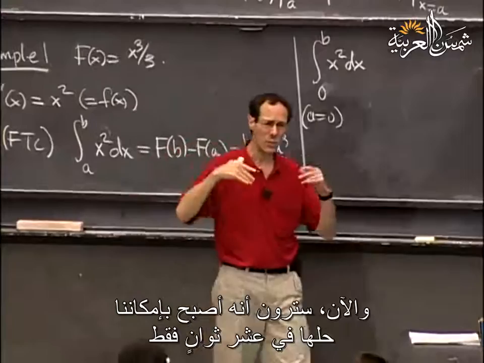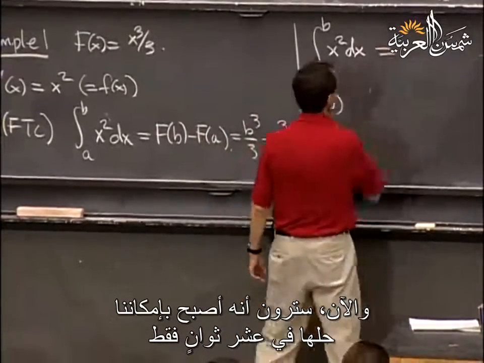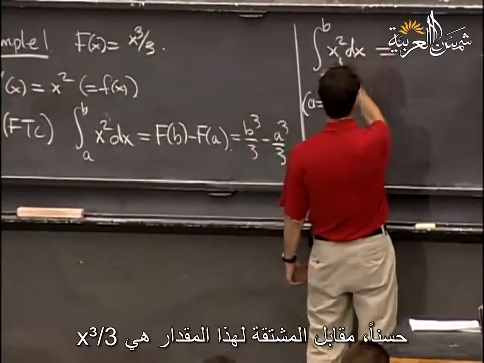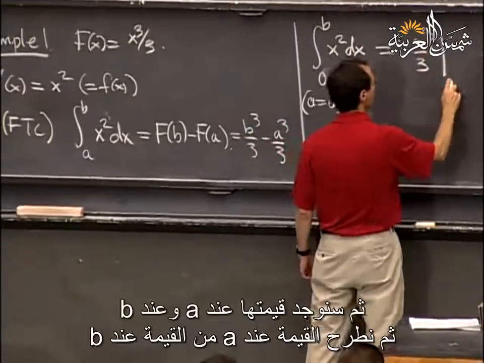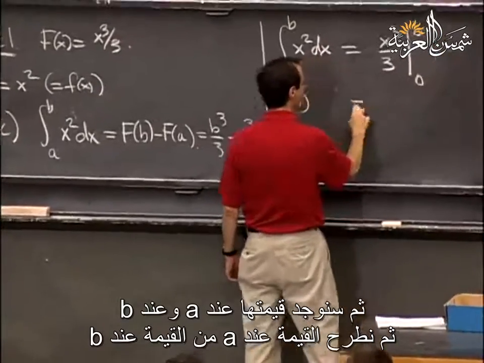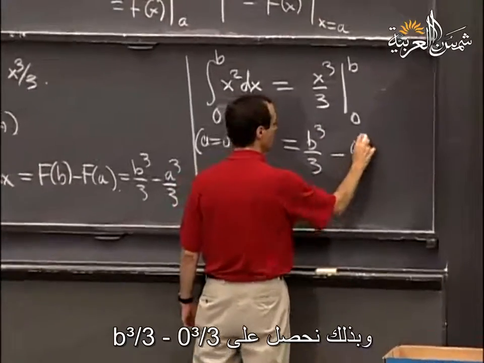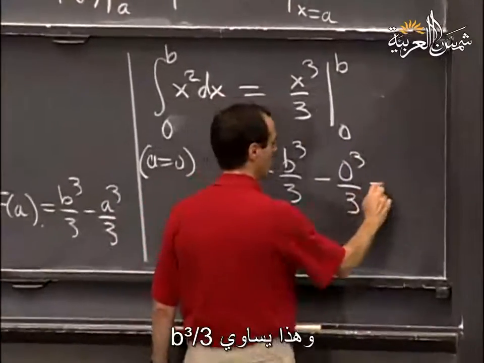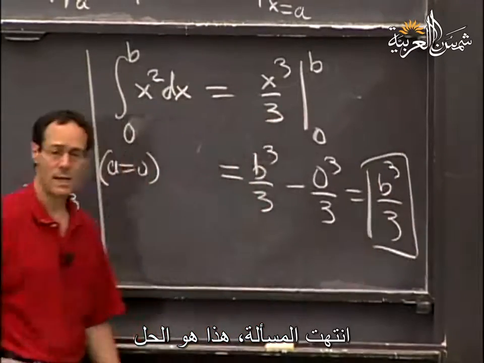But now you can see that we can do it in 10 seconds, let's say. The antiderivative of this is x cubed over 3. I'm going to evaluate it at 0 and at b and subtract. So that's going to be b cubed over 3 minus 0 cubed over 3, which, of course, is b cubed over 3. And that's the end. That's the answer.